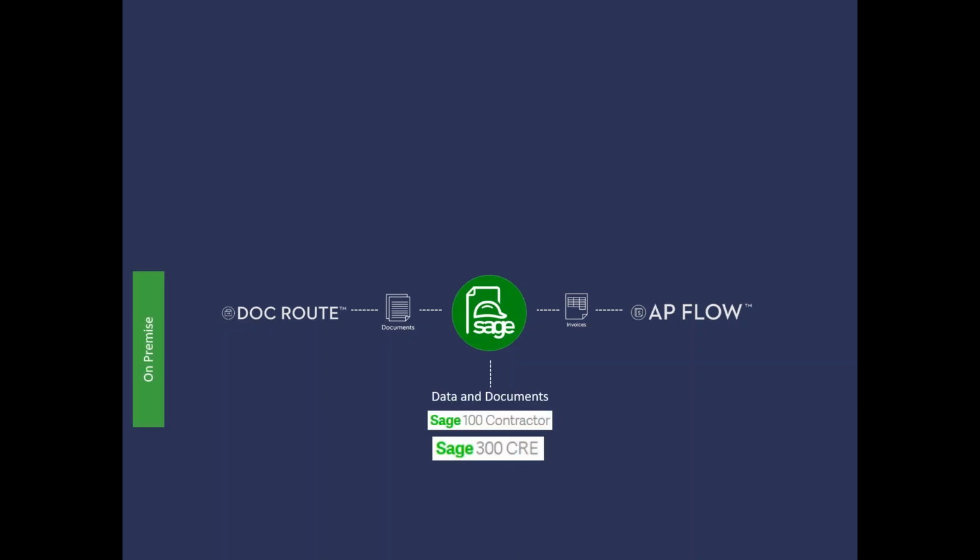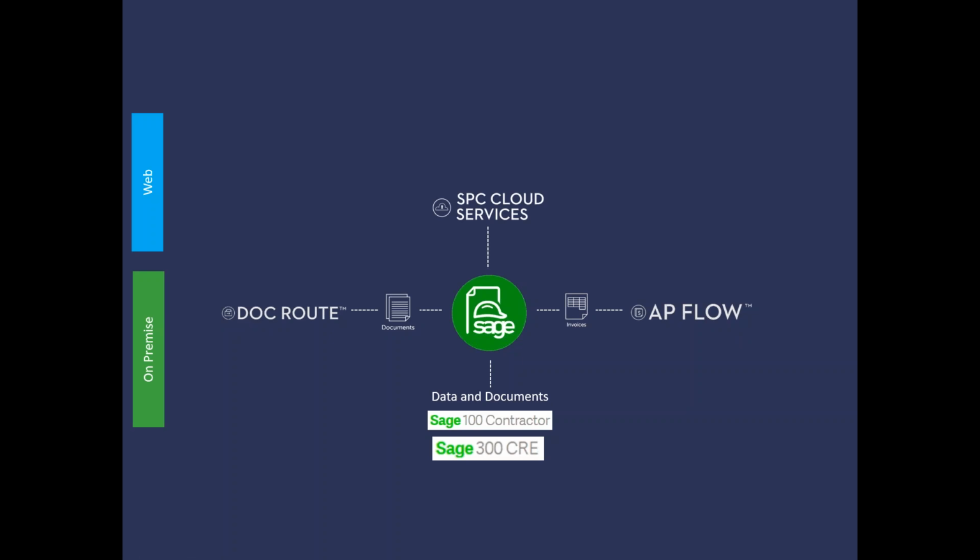Again, this is all the on-premise system. I think I've seen a lot of our attendees on the list today have seen our AP Flow, so I don't want to spend too much time on that, but some people are probably seeing Paperless for the first time on this webinar today. So I'll touch on it real briefly, but we do have more webinars if you're looking to dig into the AP Flow.